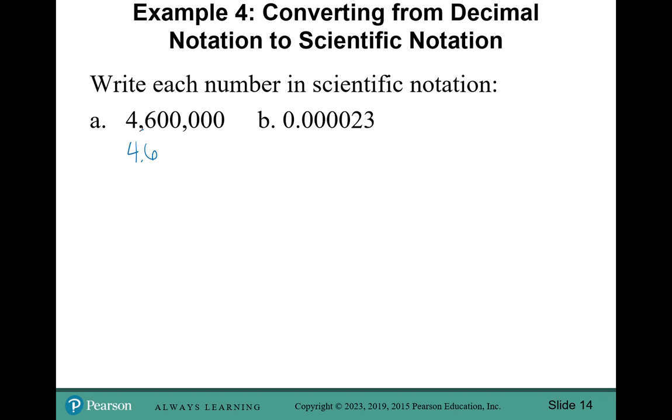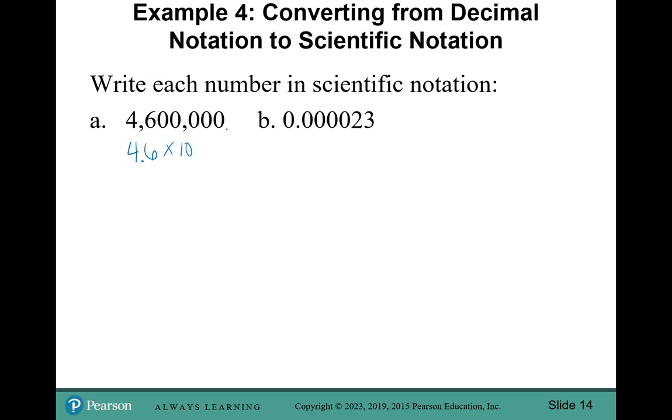Now the problem is we're looking at 4,600,000 here. We're not looking at 4.6. But when we put it in that scientific notation and multiply it by 10 raised to the n, it will be in scientific notation. We're going from a very large number to a very small number. So our exponent on this 10 is going to be positive.